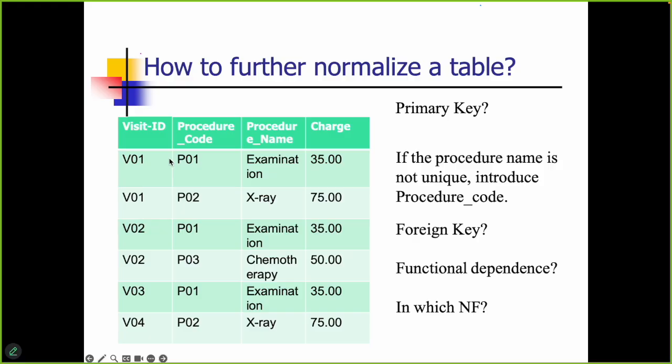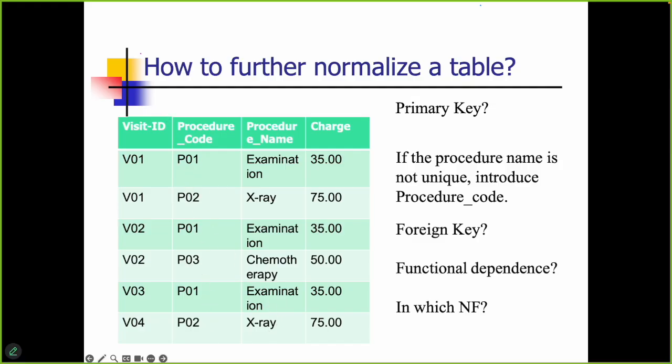And procedure code alone cannot be the primary key either, because we can have the same procedure in different visits. For example, let's say a customer has a visit today with the procedure x-ray, and in another visit another patient, or the same patient, may have the same procedure. So procedure code can also be repeated.